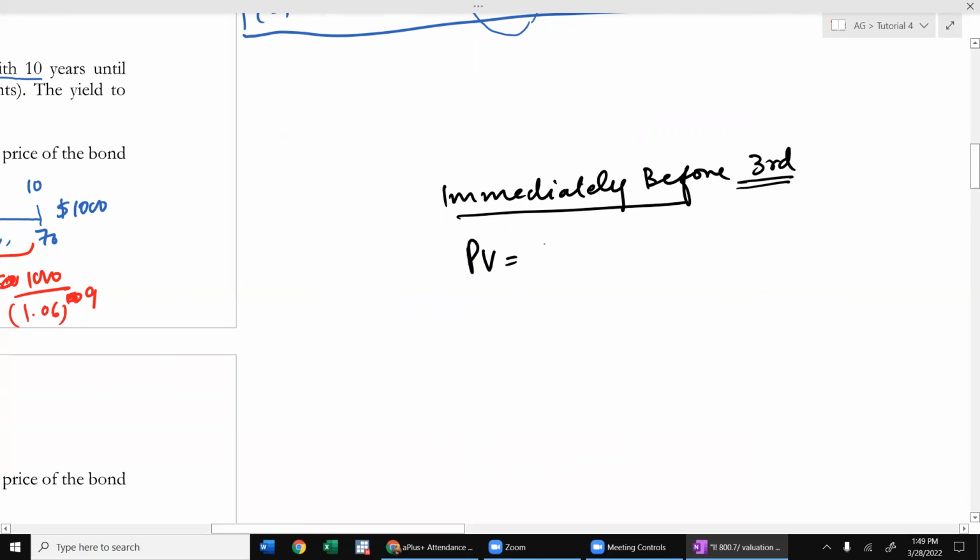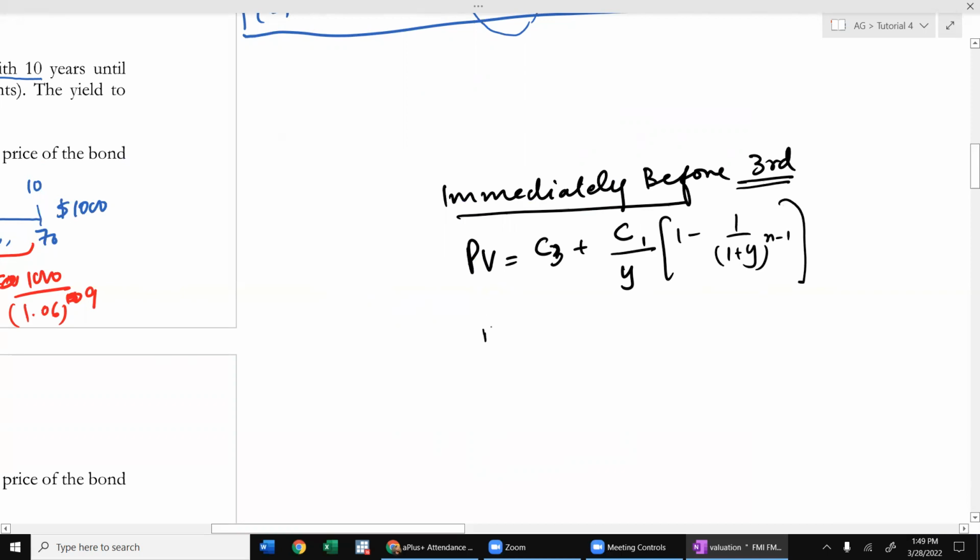So it will be C3 plus C4, I mean, then C divided by YTM, 1 minus 1 over 1 plus YTM power n minus 1. Correct?